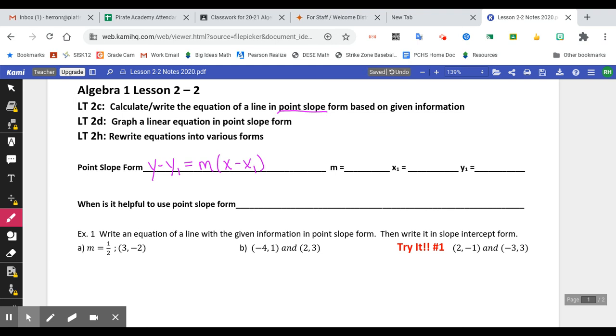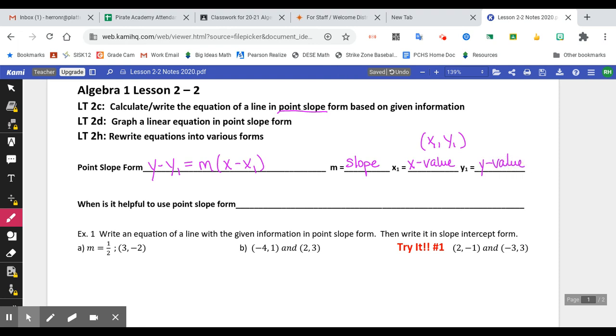We know that m is our slope from what we talked about the past few days, and then x1 and y1 are in the point that we're being given. Like we talked about with our slope formula, x1 would be the x value of the point, and y1 would be the y value of the point given.